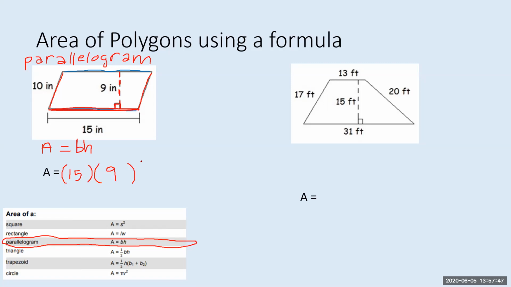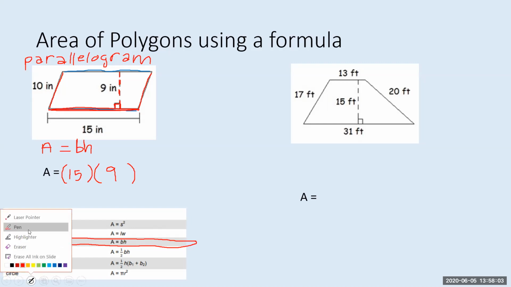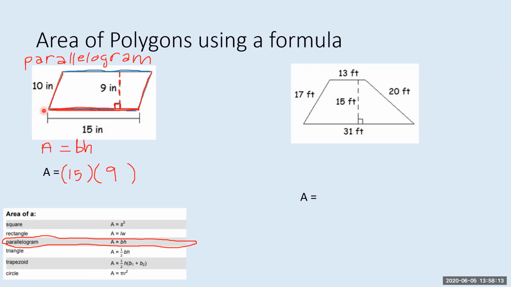Now it's very important that you find the correct measurement for the height. Sometimes people are tempted to just use anything that's slightly vertical on the shape. Like you might be tempted to take that measurement of 10 inches from the side here. But when I look at the 10 inches, I know that this is not the height because it's kind of going at a diagonal from the base of the shape, right?